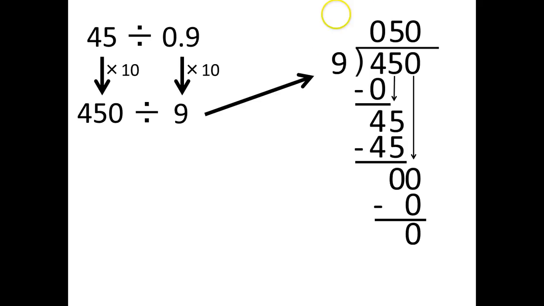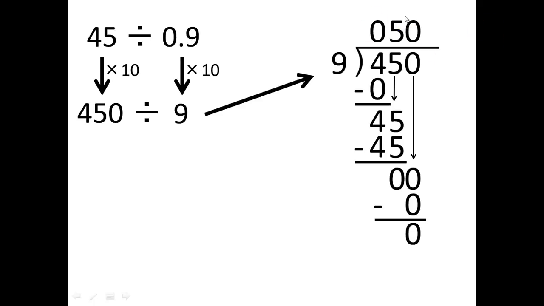If we look at this number here at the very top, that's our quotient, right? That number tells us into how many groups of 9 we can divide 450. Well, the answer is this number up here.